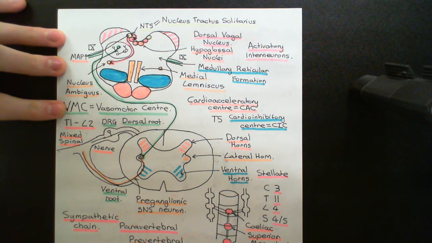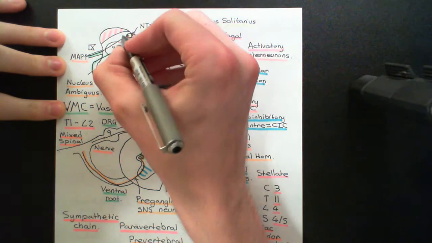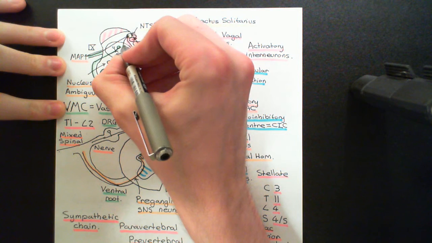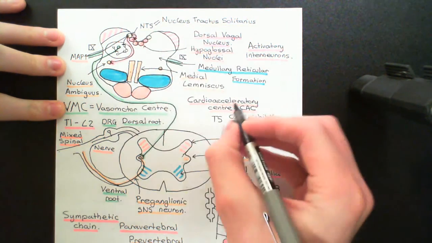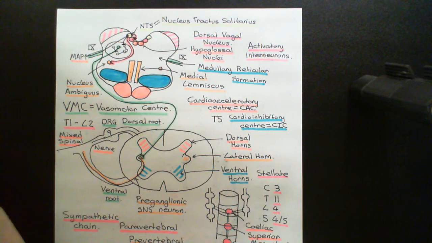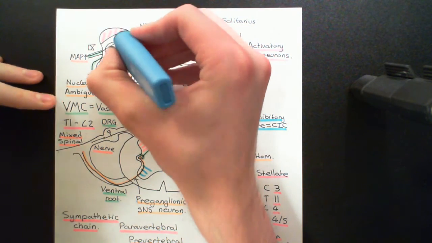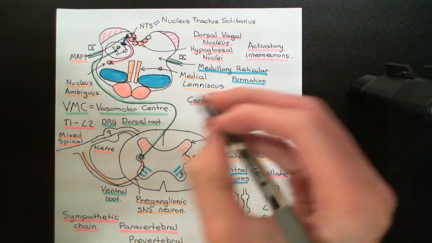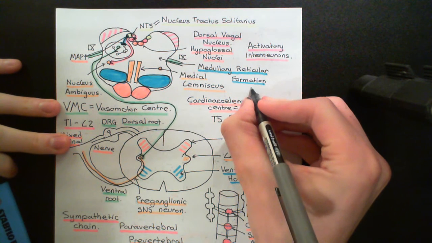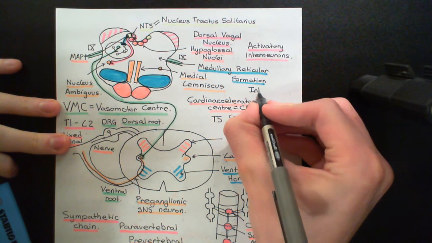Meanwhile, of course, we're going to have inhibitory interneurons going from the nucleus tractus solitarius into the vasomotor centre and also the Cardioacceleratory Centre. So I'll have this shown here in blue with the blunt end rather than the arrow end. So that in blue is representing inhibitory interneurons.